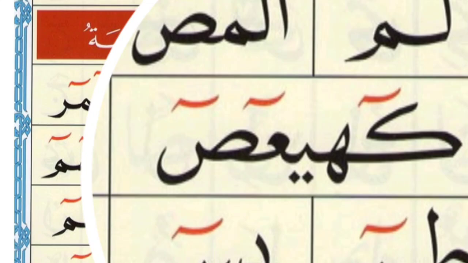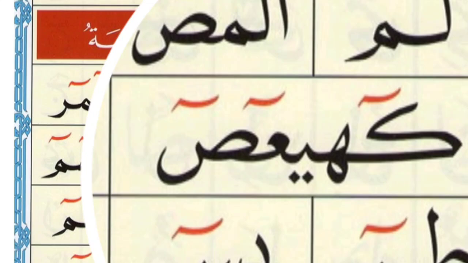And the last one is Sad, which you also make 6 counts. This Ayn, you might make it 4, and you can also make it 6 counts. Here we can make it 6 counts because we are doing the other letters 6 counts. Later inshallah I'll explain why there are 2 options for this Ayn, 4 and 6 counts, when it comes to the Tajweed rules course.